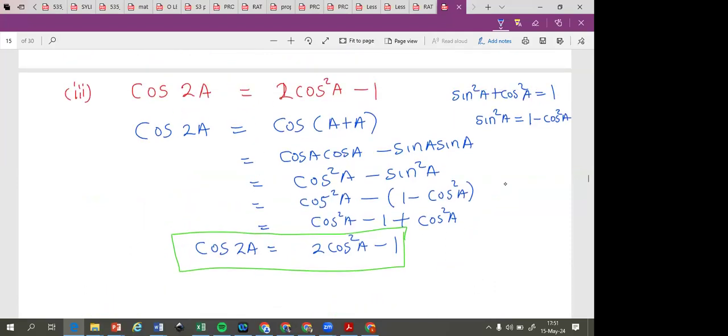I'm seeing like I'm having a positive 1 and a negative 1. You substitute for sine, there. So negative times 1 is negative 1. Negative times a negative is positive.